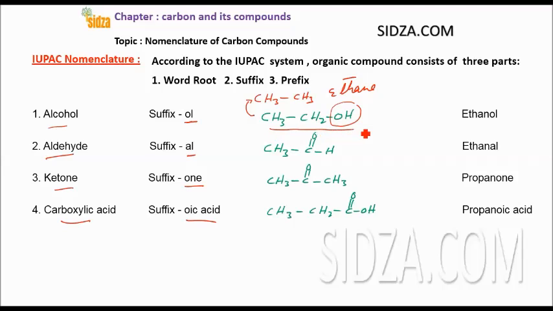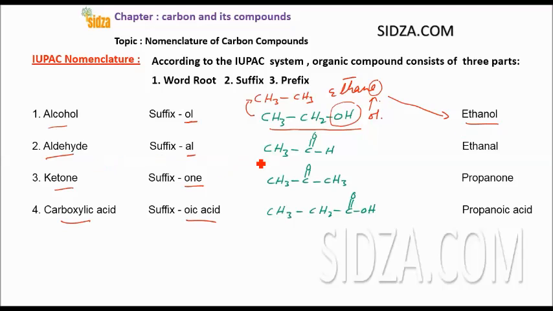When I name this alcohol, I am going to replace the E at the end by -ol. So the name of this compound will be ethanol, because there are two carbon atoms, so the parent hydrocarbon is ethane, and replacing the E by -ol, it becomes ethanol.